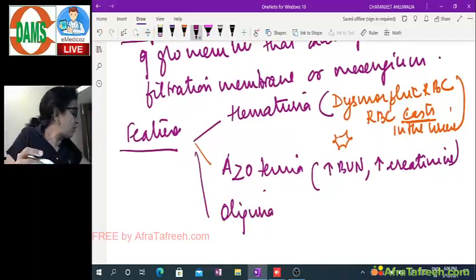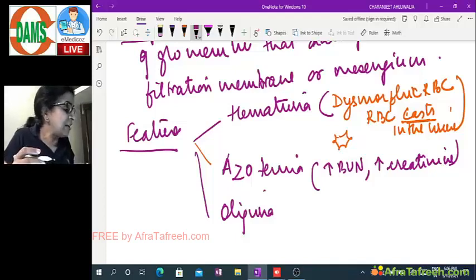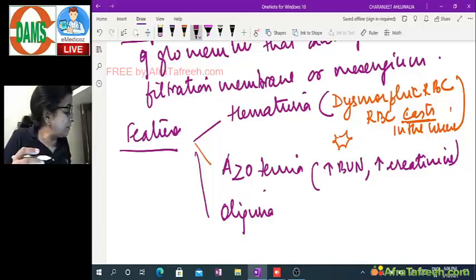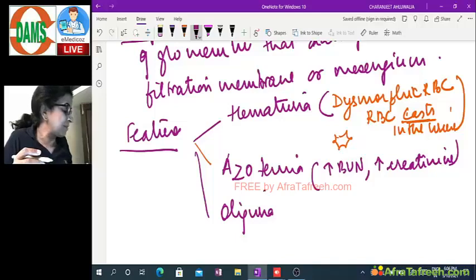Again, you know what is oliguria? Passage of less amount of urine. So when less amount of urine is passed, that is called as oliguria. So third feature is oliguria, where less amount of urine is passed by the kidney.